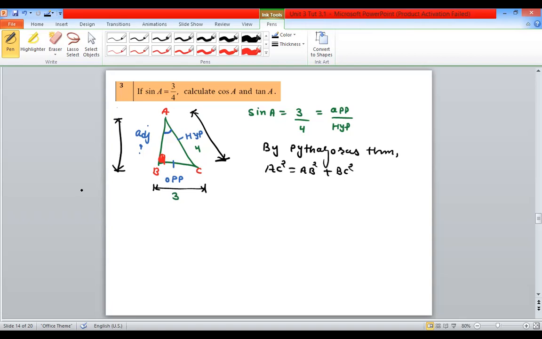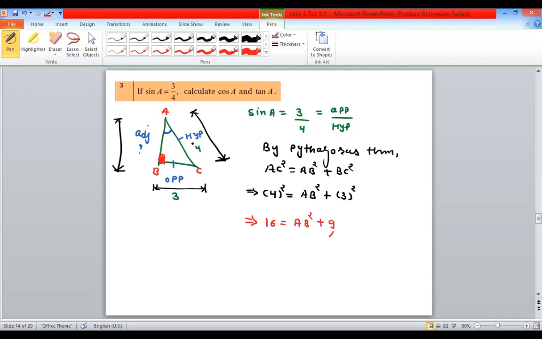First of all, find the length of AB. Put everything in this formula. AB is under root 7. Good. So AC is 4 square, AB is unknown, need to find, BC is 3, it's 3 square. Give the square: 16 equals AB square plus 9.